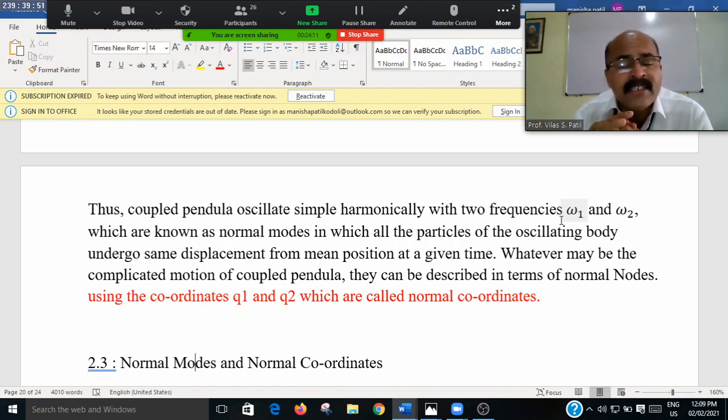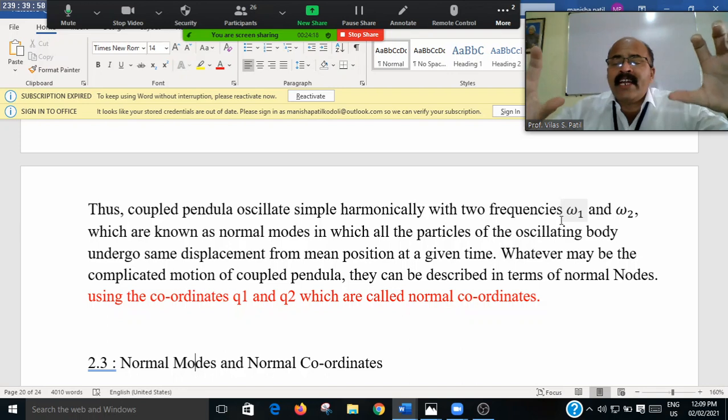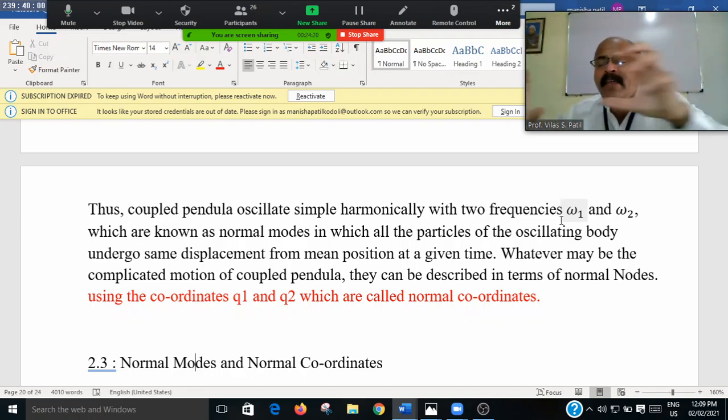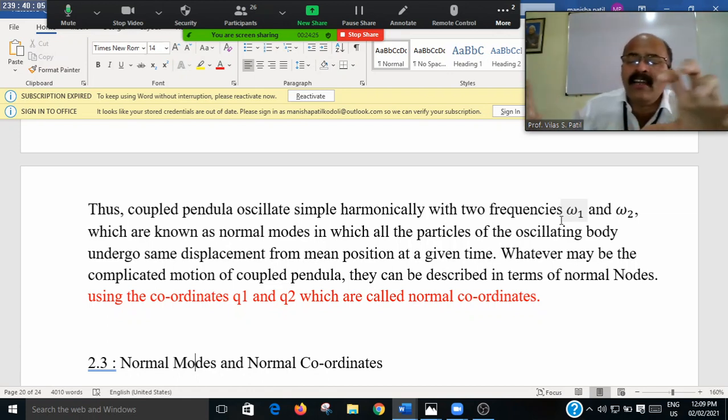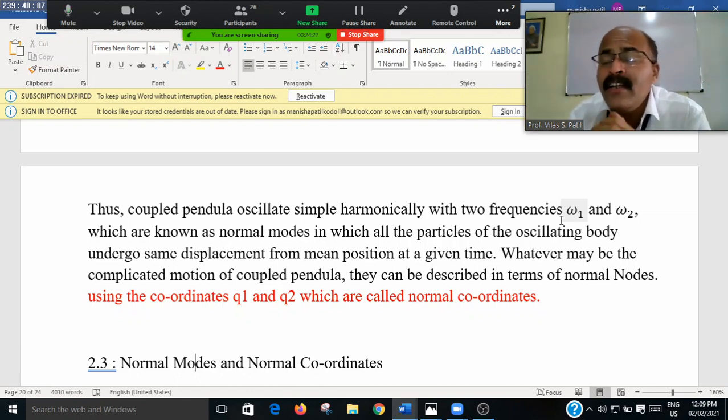These two frequencies are known as normal modes, in which all the particles of the oscillating body, whether in the same direction or in opposite directions, undergo the same displacement from the mean position at a given time, that is, at the same instant of time.